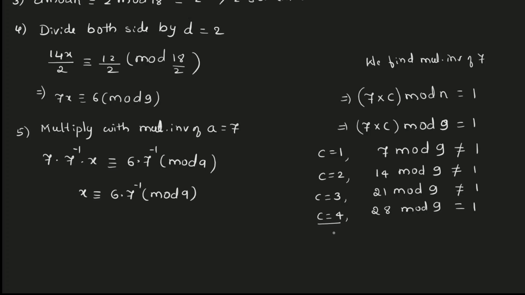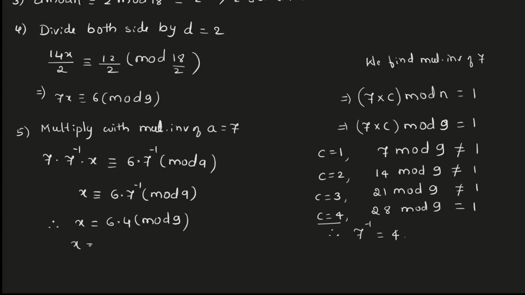Understood? Therefore, 7 inverse is 4 here. Therefore, x is equal to 6 into 4 mod 9.